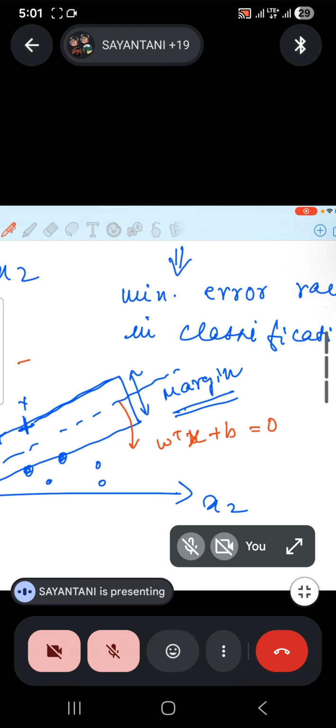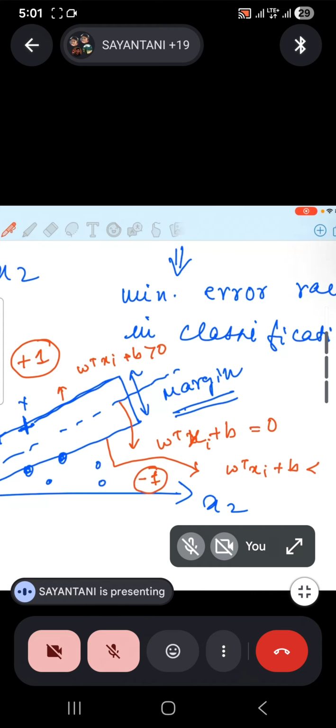If I'm saying the ones on the upper side have a class label of +1, and the ones on the lower side have a class label of -1, then this equation can be written as W transpose xi plus B is greater than 0. So if the middle line is equal to 0, something lying above it is greater than 0. And for this decision boundary, W transpose xi plus B is less than 0. This is how I can mathematically define these two classes, right?